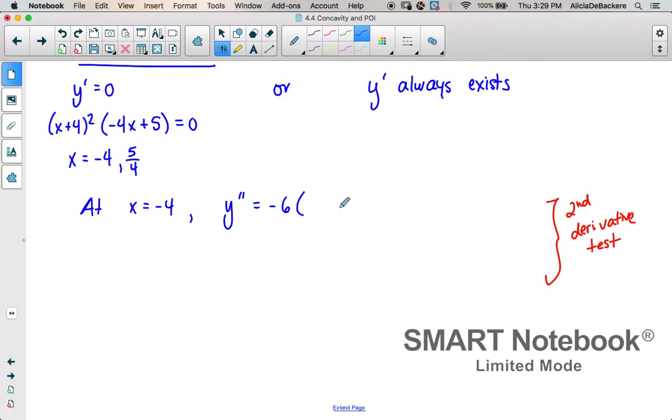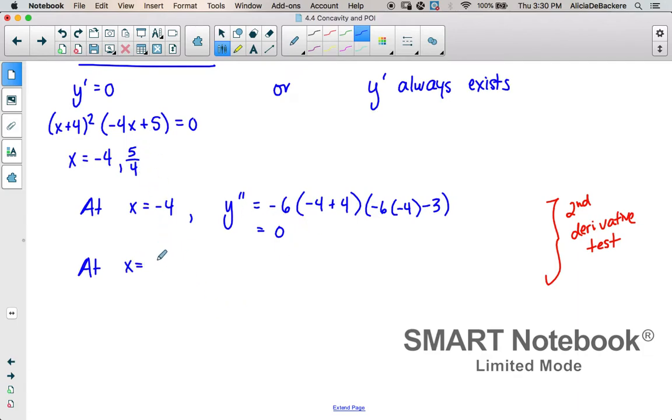So I'm grabbing the equation for my second derivative. That was the -6 times. And here I'm going to get 0 for this middle bracket, so overall that's going to equal 0. And we'll talk about what that tells me.